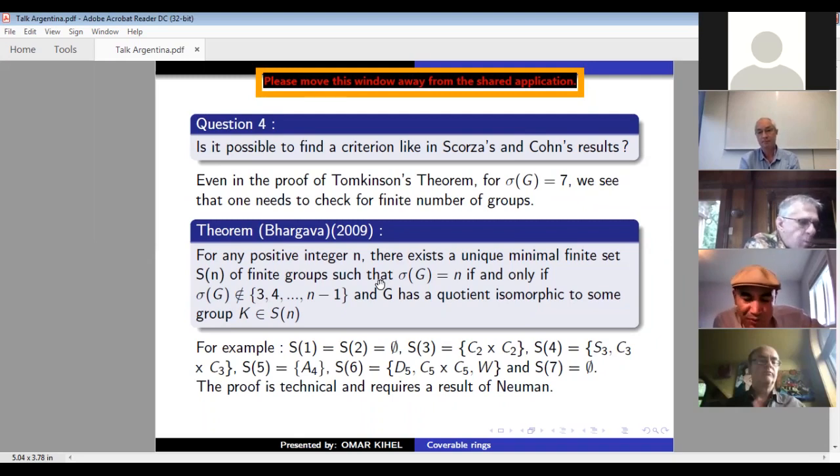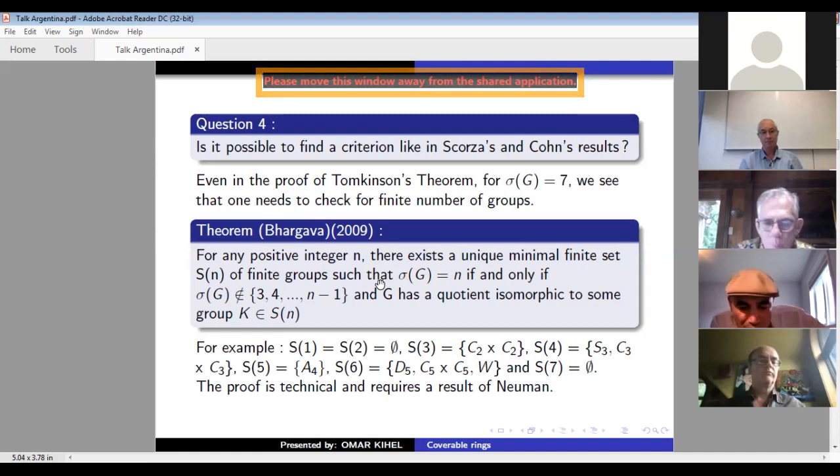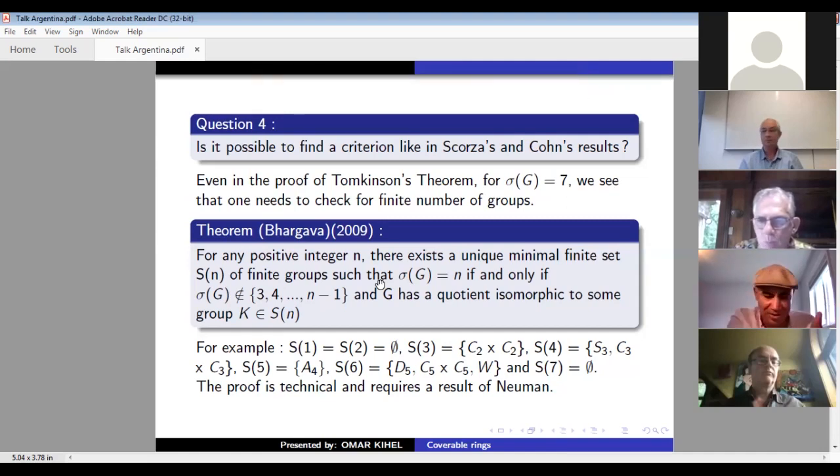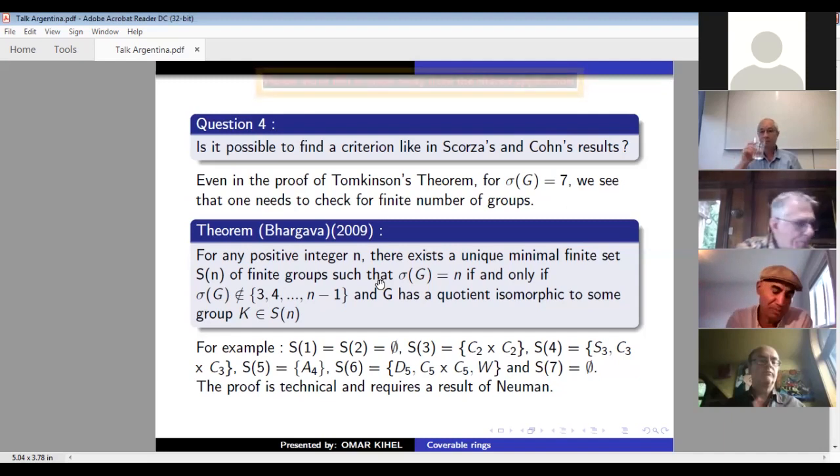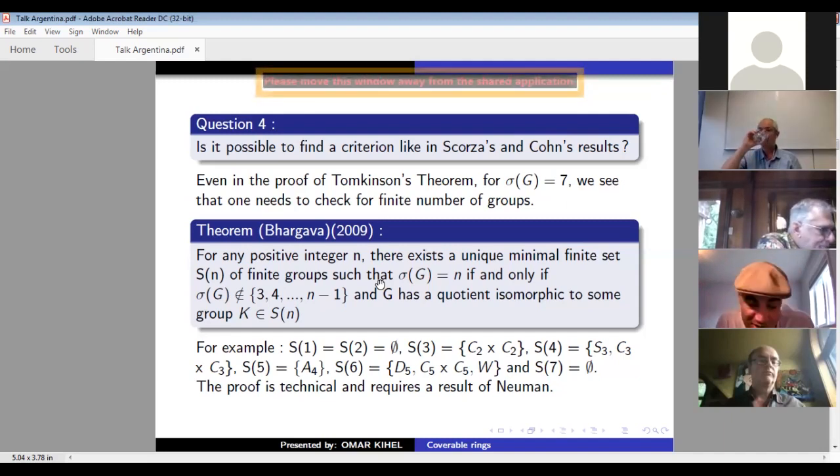Even if you look at the proof of Tomkinson's result, you will see that in the proof it's implicit that to see if sigma G is equal 7, it reduces to seeing if G has a quotient isomorphic to a finite list of groups, which is Sn. So from a theoretical point of view, this result is beautiful.